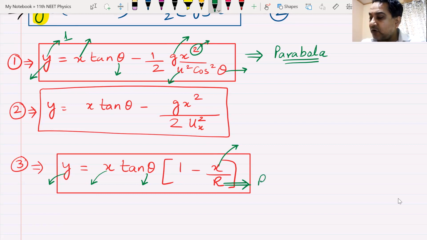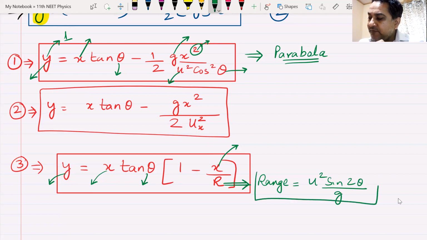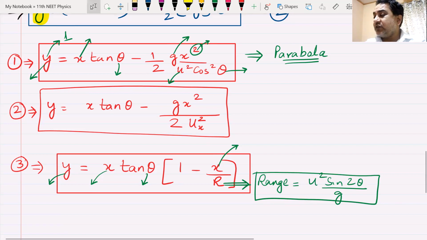R stands for the range of the projectile. And remember, the value of range, we have known it many times, is u squared sine 2 theta divided by g. So that range can be put in this formula in this fashion. And these are the three different ways in which you can write this equation of trajectory.